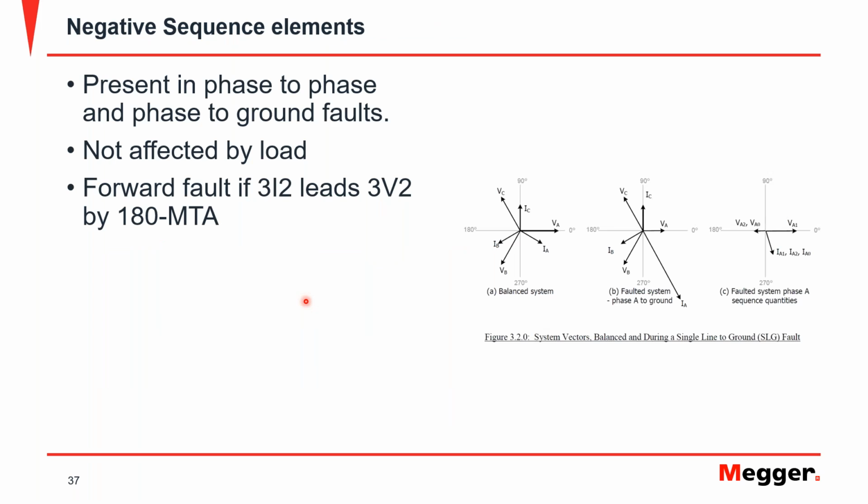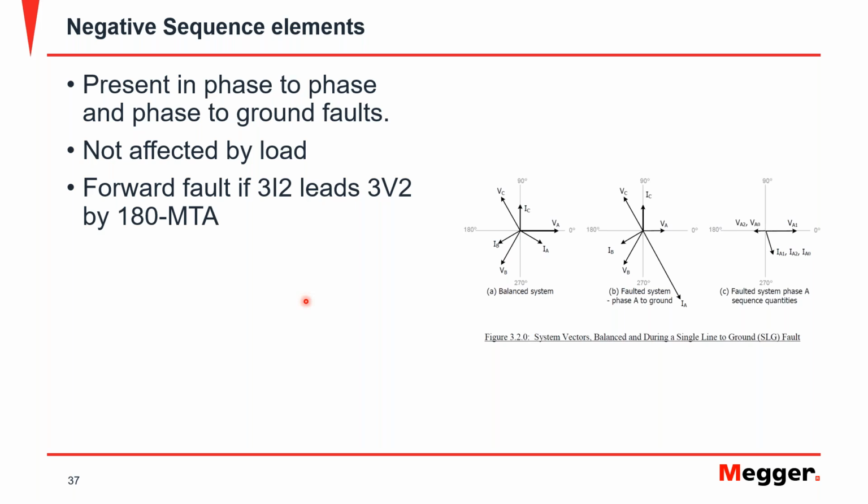so you can use them to determine the direction to the fault. Negative sequence elements, on the other hand, are very popular, and they are used mostly for phase-to-phase faults, because with phase-to-phase faults there is a presence of negative sequence components, which is high in that case, and it is also a value that is not affected by the load, assuming, as happens most of the time, that the load we are serving is balanced enough.